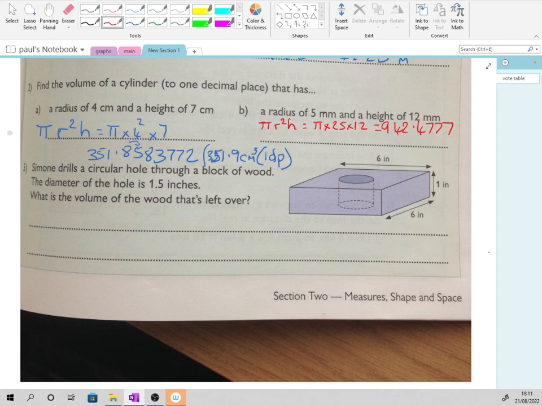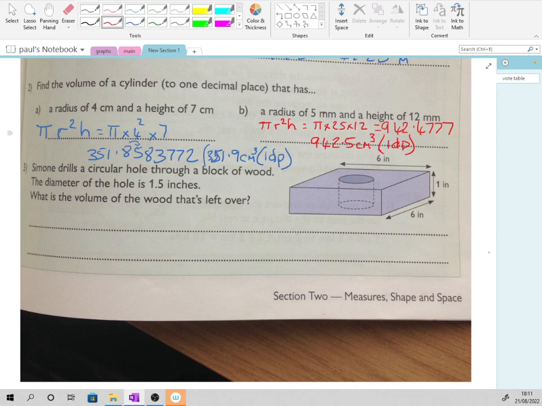Now 1 decimal place, there's the 4, there's the 7 is the decider, so that will go up to 5. So we've got 942.5 centimeters cubed to 1 decimal place. Okay, I hope you've had a go at these before I've done them through.